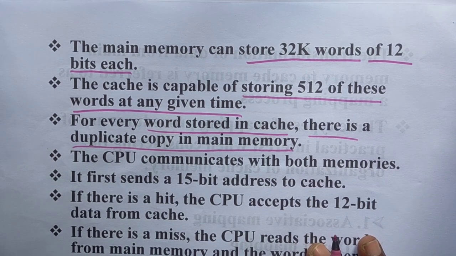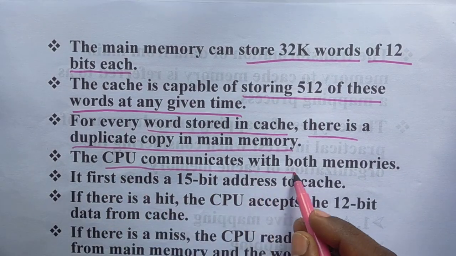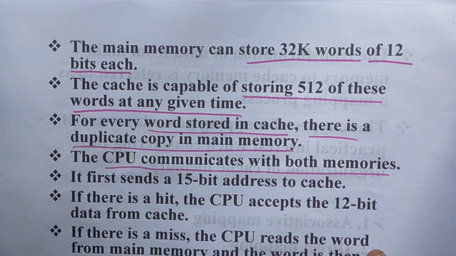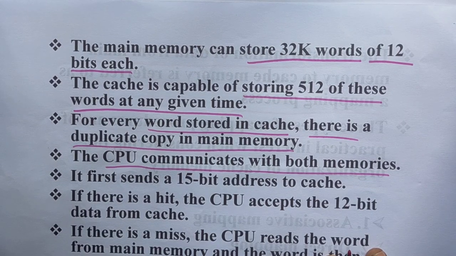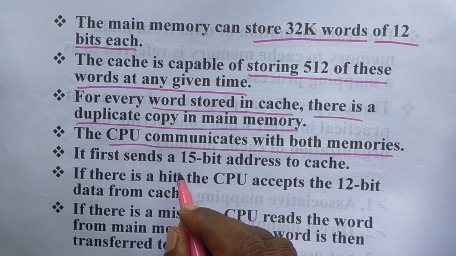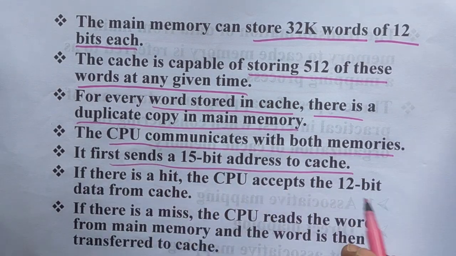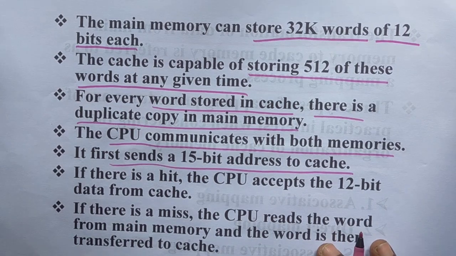And a CPU communicates with both memories. Whenever the CPU wants to do some work with words, it communicates with both memories. It first sends a 15-bit address to the cache.